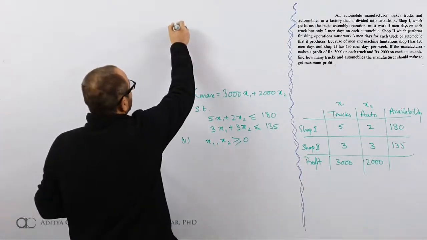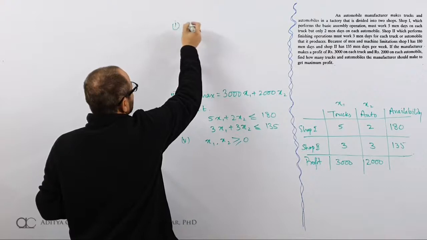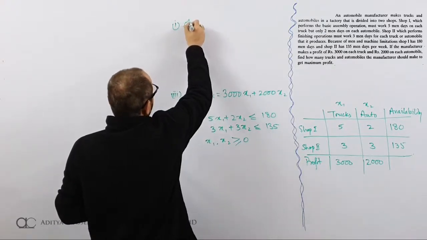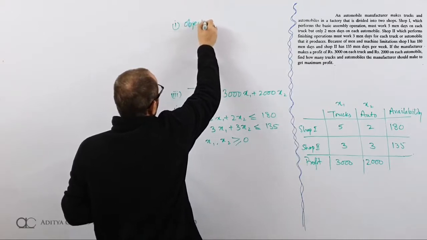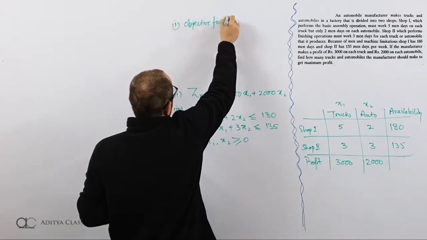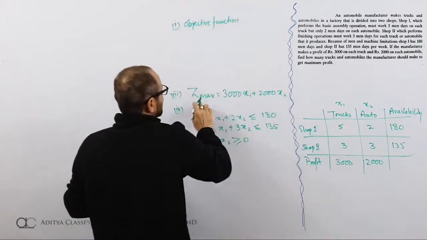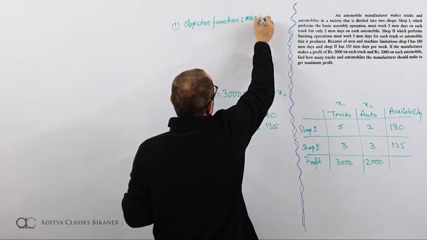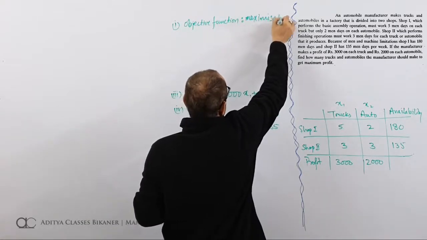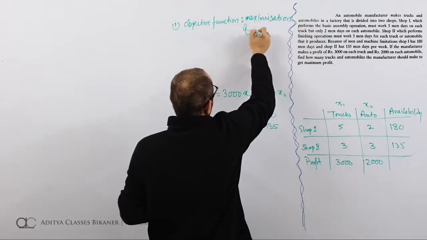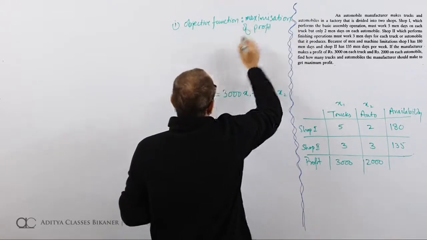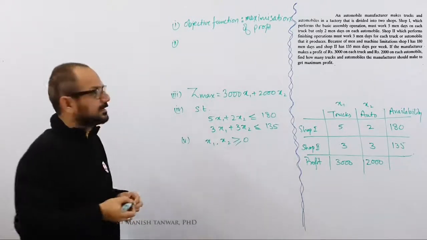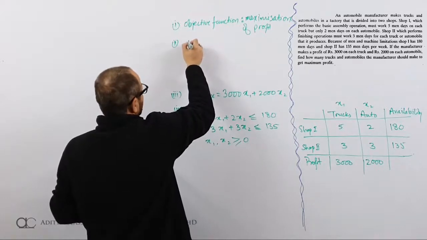Now, if we look at the first step, it is the declaration of profit. What is the objective function? The objective function is maximization of profit. Then in the second step, we make the declaration of decision variables.